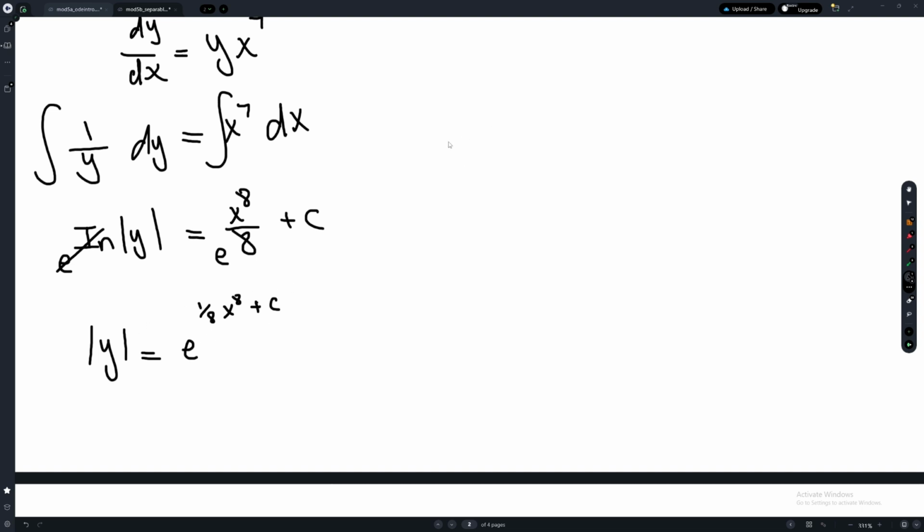Now, remember from earlier we had sine x plus cos y, and we could split them apart. We could do the same thing here. So we'll have y equals e to the c, and then times e to the 1 over 8 x to the 8.